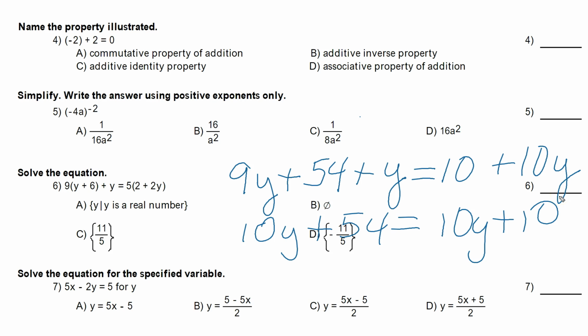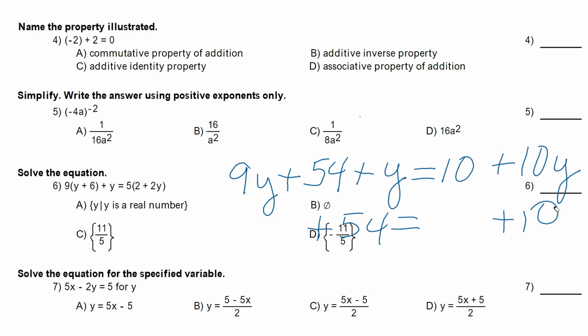Now, for something like this, as you look at it, if you subtract 10y from this side and 10y from this side, the y's just disappear, and you get 54 equals 10. Is that true?